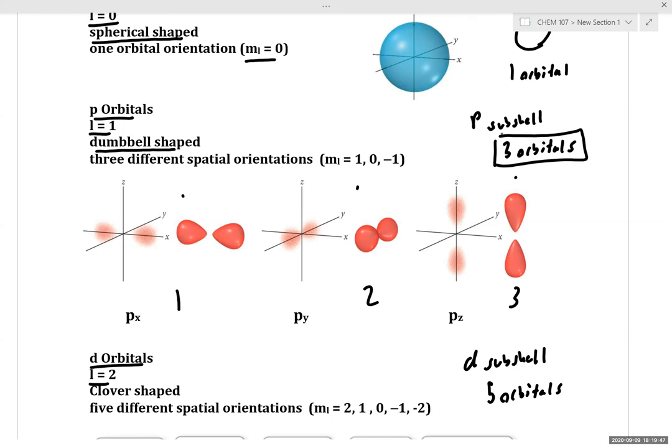So for p orbitals, we need to know they have 3 different possibilities. Yes, and the next idea will help you familiarize yourself with the number of orbitals in each subshell, because we're going to apply this idea to start to describe electrons in our atoms.